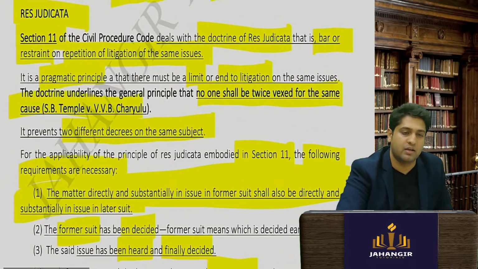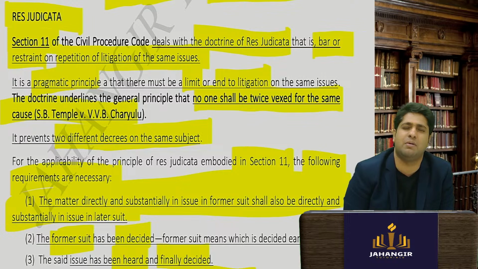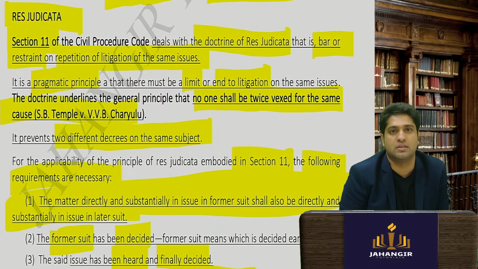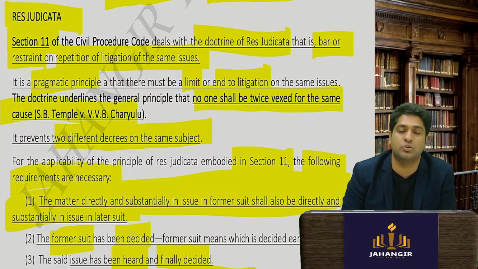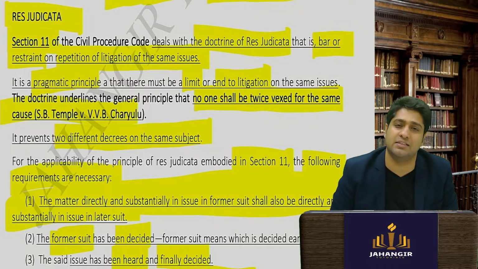That is Section 10. Now we come to Section 11, which is very simple. No person shall be punished twice for the same offence. We have already done this in your Constitution: Article 20(2), which says that no person shall be vexed twice. Res judicata is telling the same thing.